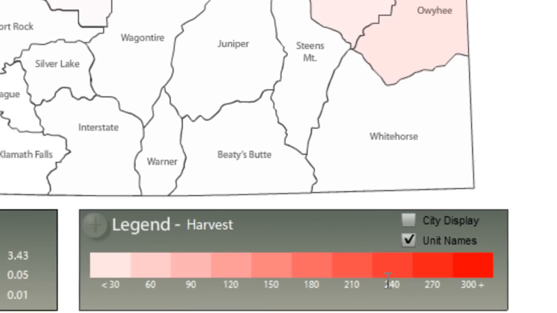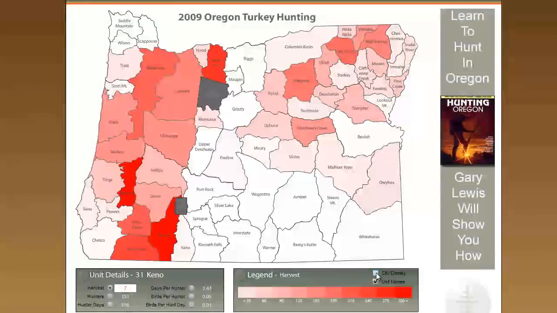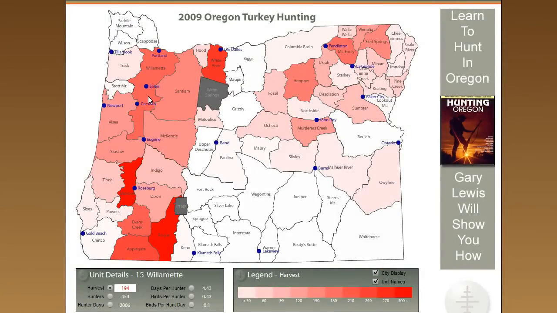So first off, if you do want to display cities, there's a checkbox here that you can display cities if you want to know what major cities within Oregon are near those hunting units. Hunting units are not counties, obviously, but just units that ODF&W uses to manage the hunting seasons and populations and wildlife and all that good stuff.